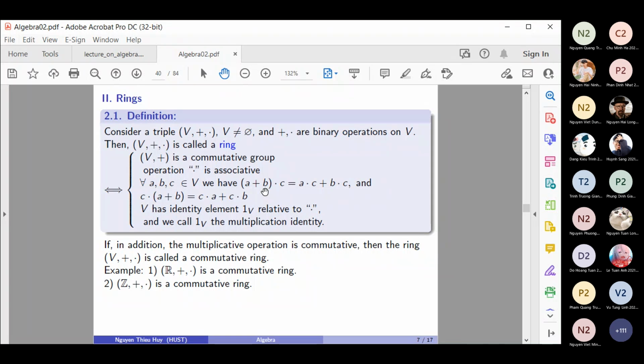That is what we already did many times in high school, in secondary school. We already knew the property holds true in the set of real numbers. And of course, the identity element is 1. Therefore, you obtain that R with addition and multiplication is a commutative ring. Later on, you will learn some more rings which are not commutative.